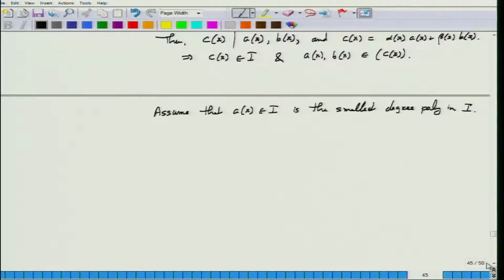C must have the same degree as A, and C divides A.